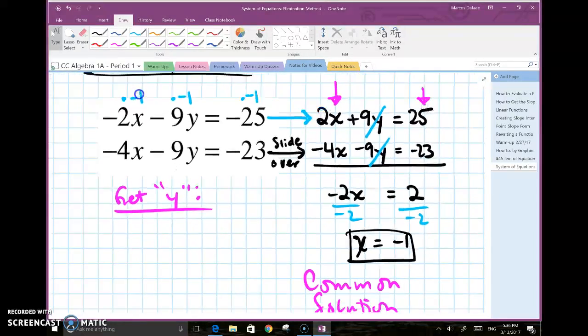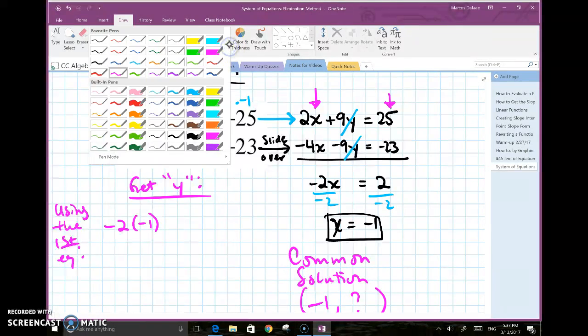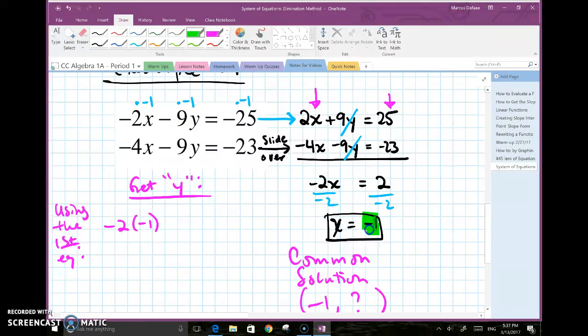So we're going to use the first equation. Here's what we get. Negative 2, instead of negative 2x, I will have negative 2 multiplied by negative 1, which is the answer we just got a moment ago.